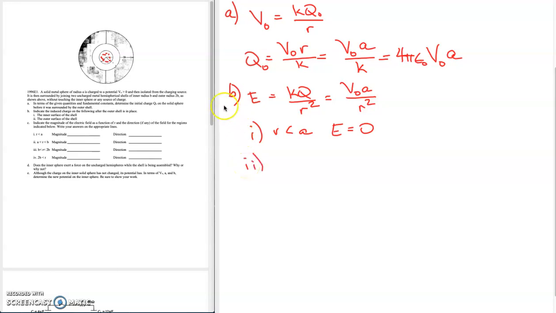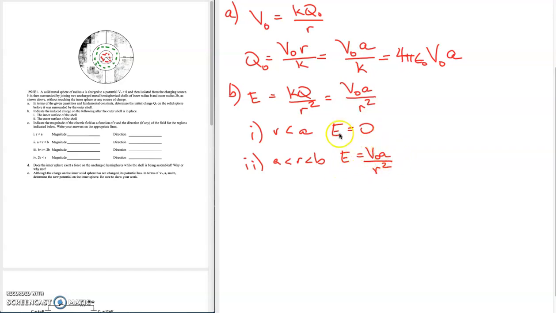All right, part 2, in between the two of them. Let me change colors. We will have green here. Now in between them, we have a radius bigger than a, so we have enclosed all of that charge, but less than b. So for a less than r less than b, E is V naught a over r squared.